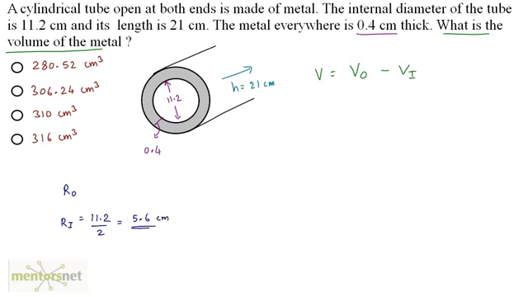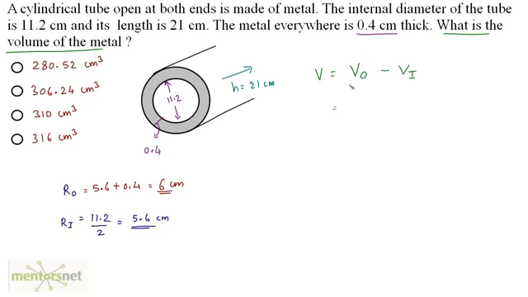Now the outer radius will be equal to the inner radius, that's 5.6, plus this thickness, so plus 0.4, and that is equal to 6 centimeters. So you have the outer radius and the inner radius, and the height of both the cylinders is the same.